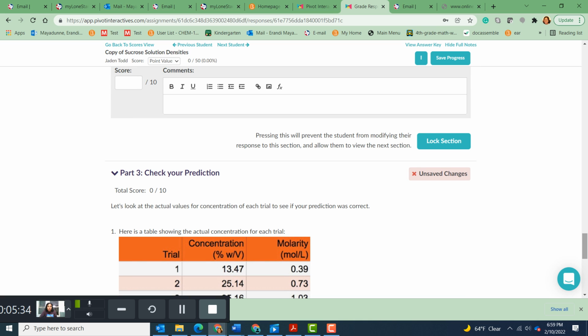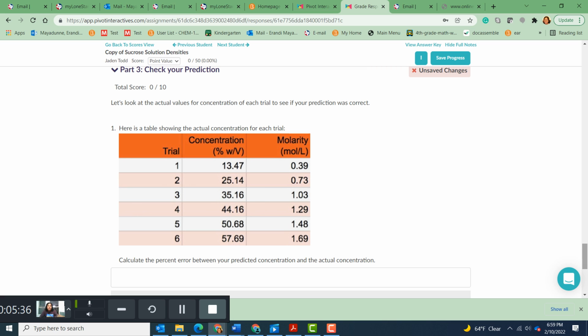And then I go down, because I'm only doing solution 1. You have to do all the solutions. So look at now, these are the correct ones. For trial 1, the actual concentration is 13, but I am getting my concentration as 16. Calculate the percent error between your predicted and the actual concentration.